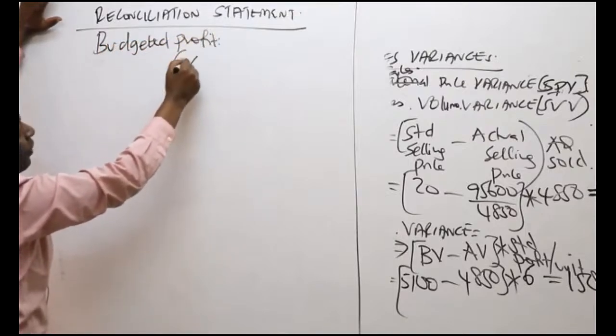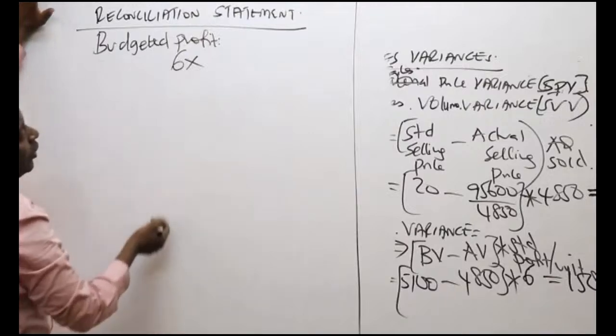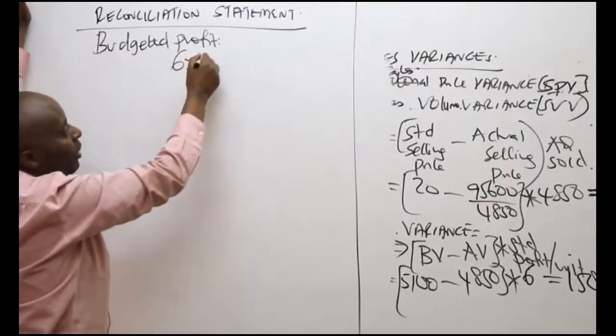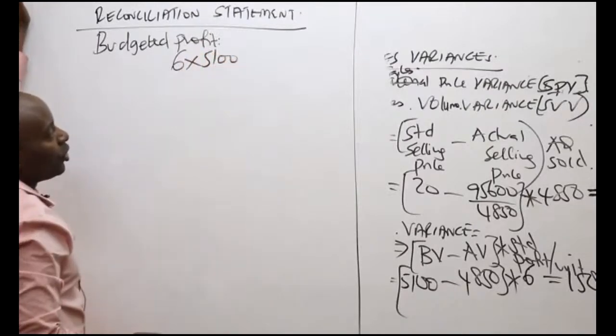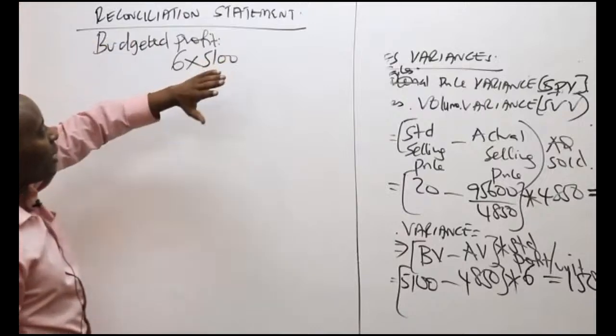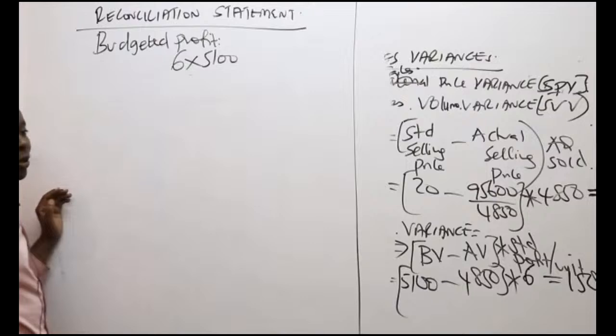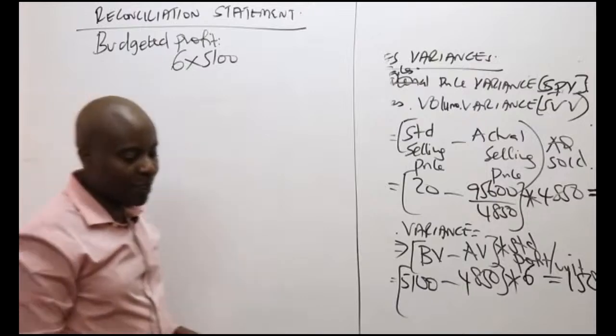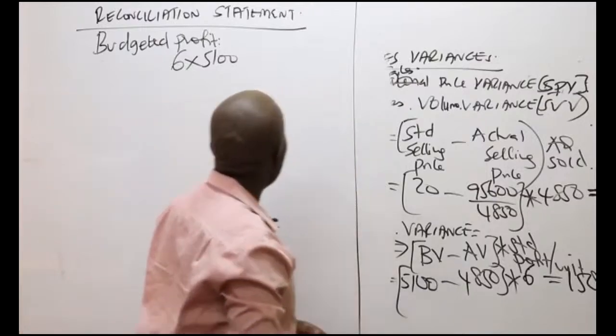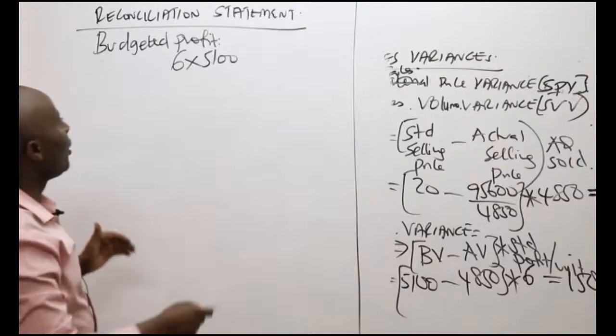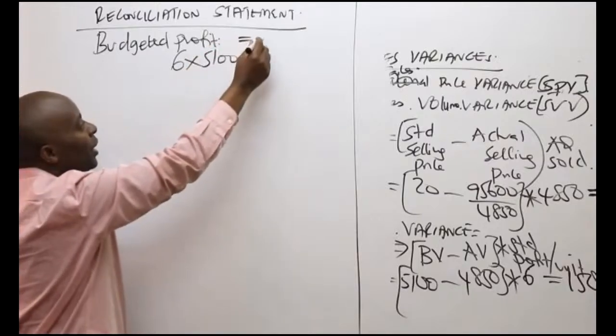You're the ones who have given me a figure of 6, and I know how many units I'm supposed to be talking about, 5,100. So 6 times 5,100, what do we have here, somebody? I want to know the total profit that I was budgeting to receive.